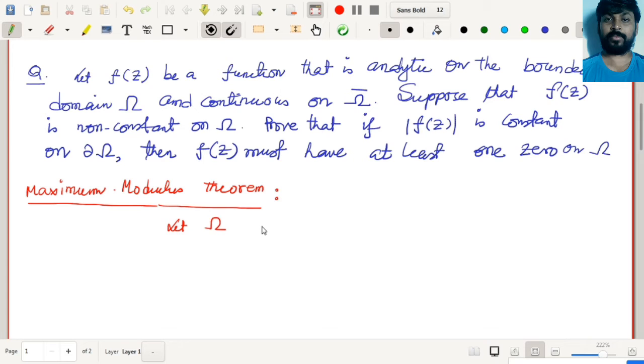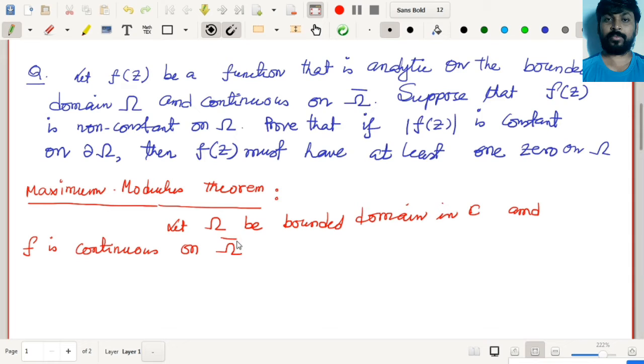Let omega be a bounded domain in the whole complex plane C, and f is continuous on the closure of omega, that is omega union the boundary of omega, and f is analytic on omega.